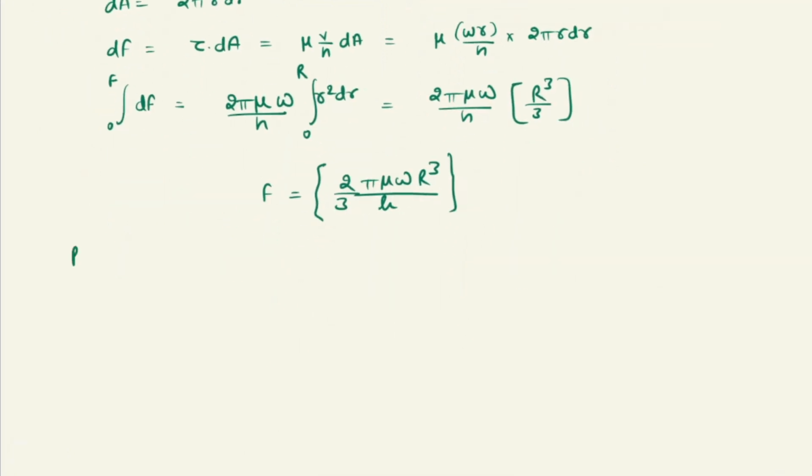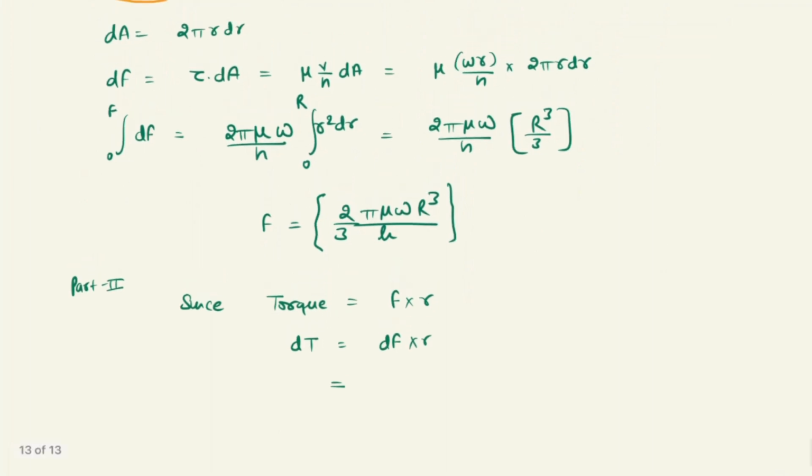Since this is part 2, torque is equal to force into distance, so elemental torque will be equal to dF into r. So we can take the value of elemental force from this, and we are going to substitute this value.